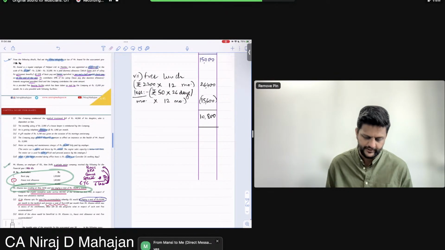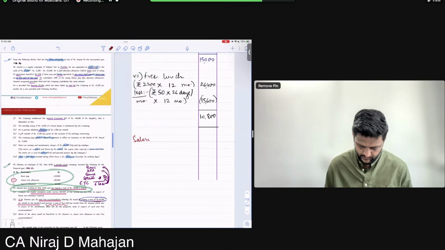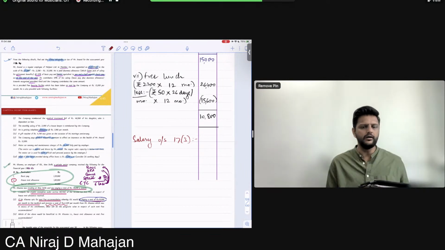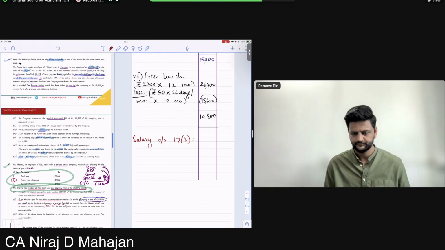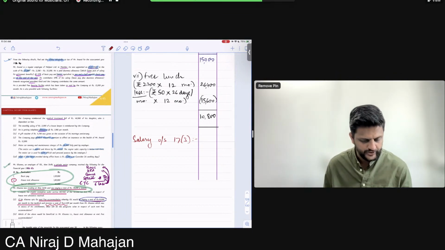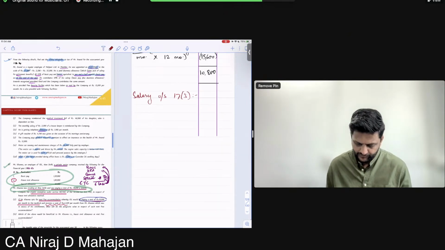So third part, ready? Salary under section 17(3). What will we put in 17(3), children? Pension? No, he's not retired. But we'll talk about recognized provident fund. So first one, employer contribution.